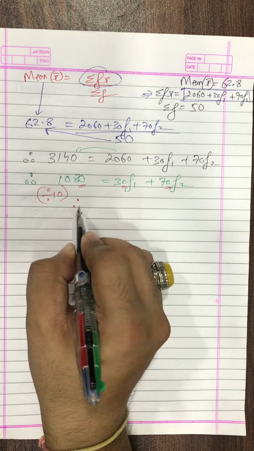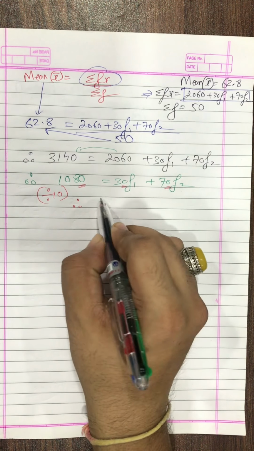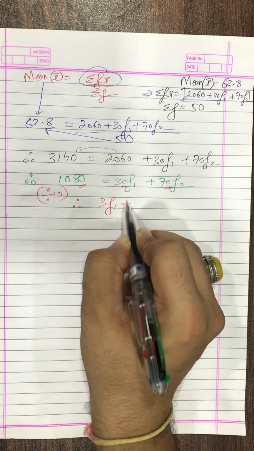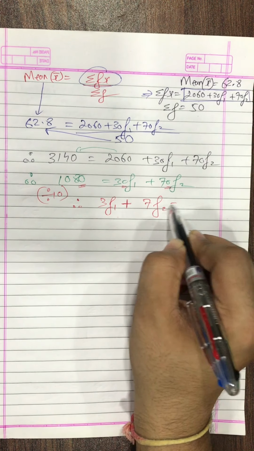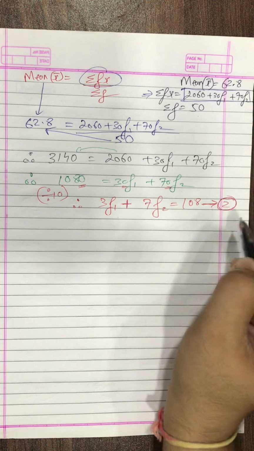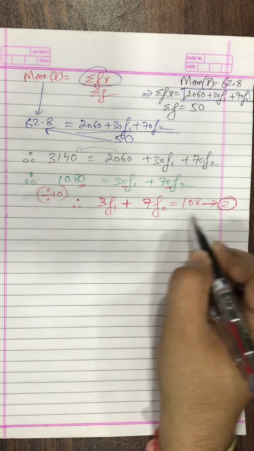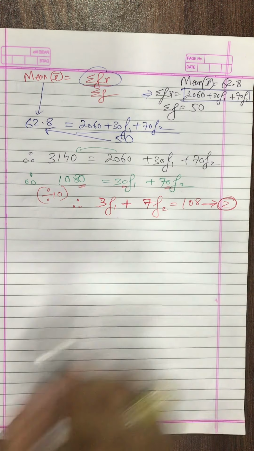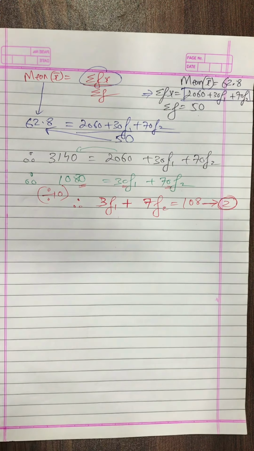So what will be formed? Here 30 f1, if I divide by 10, it will become 3 f1, plus here it will be 7 f2, is equal to 108. And students, this is our equation number 2. 3f1 plus 7f2 is equal to 108, equation number 2. So I formed my equation number 2.